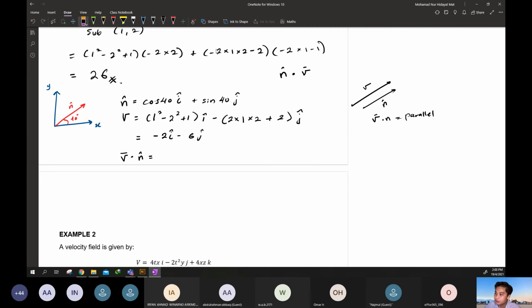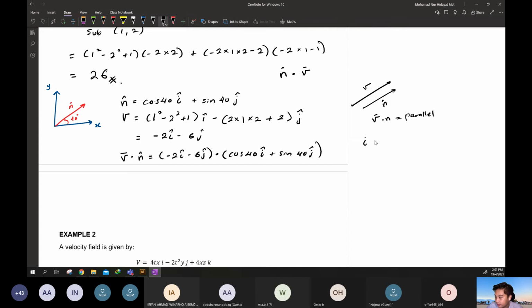This is actually the basic concept of calculus or any kind of mathematics that you learned previously. So just put here the velocity, negative 2i minus 6j dot product with cos 40 i plus sine 40 j. Remember that when we use the dot product, it should be i with i, j with j.